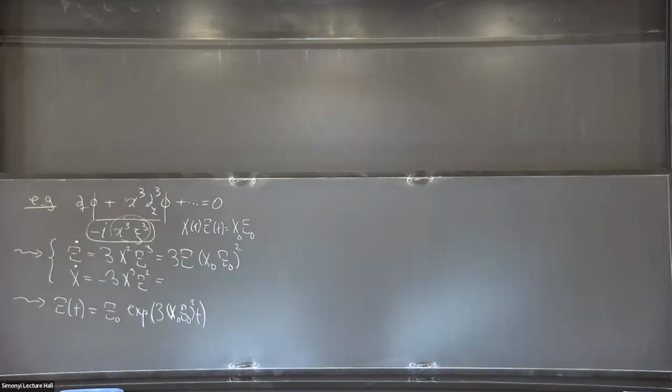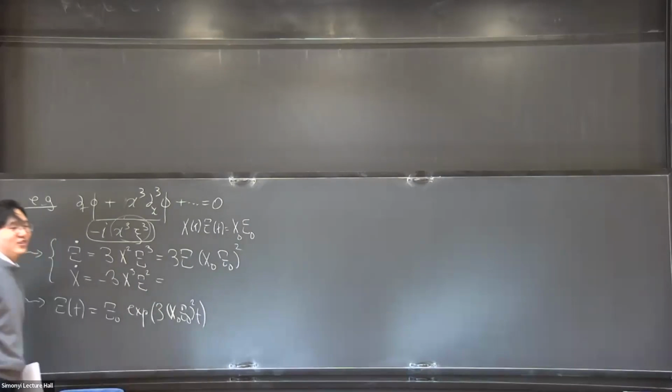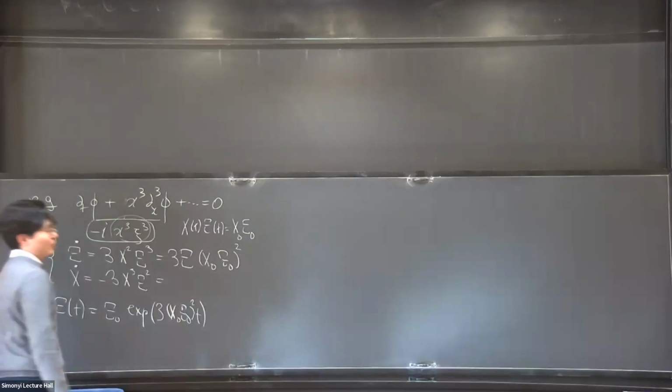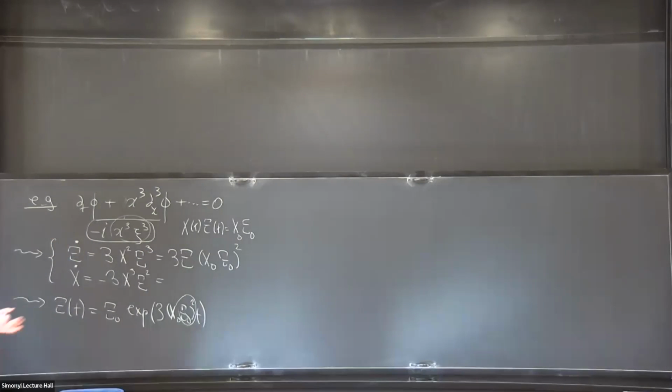Okay. And now what you see is that the frequency grows exponentially. And this is really bad because the rate of growth depends on the initial frequency.